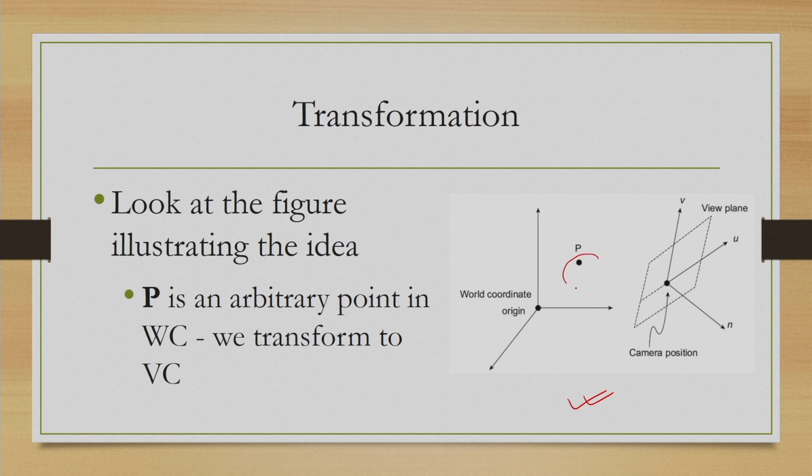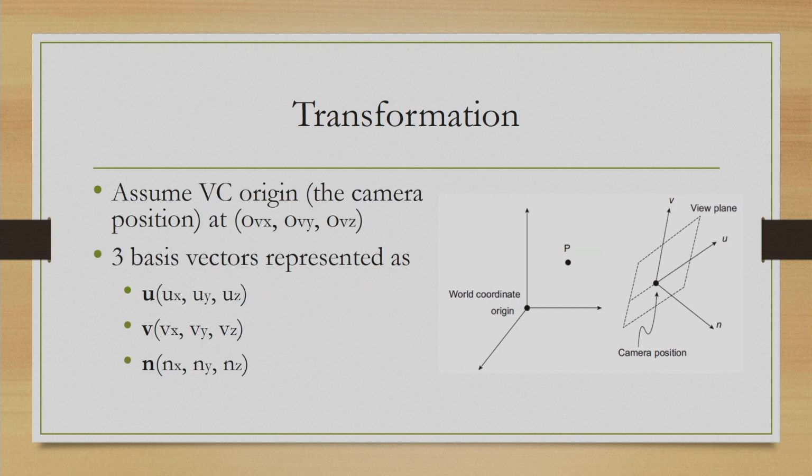So, suppose this is an arbitrary point in the world coordinate scene and we want to transform it to the view coordinate system defined by the three vectors n, u and v. Now, let us assume that the origin is defined with this point having the coordinates mentioned here, and the three basis vectors are represented as shown here.